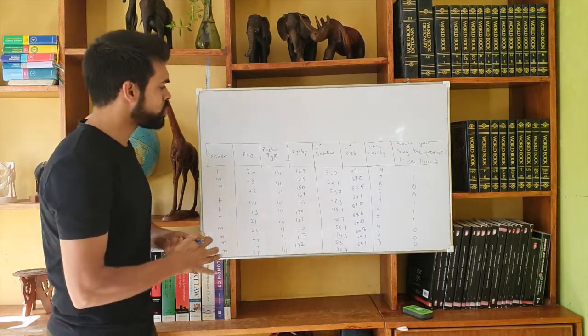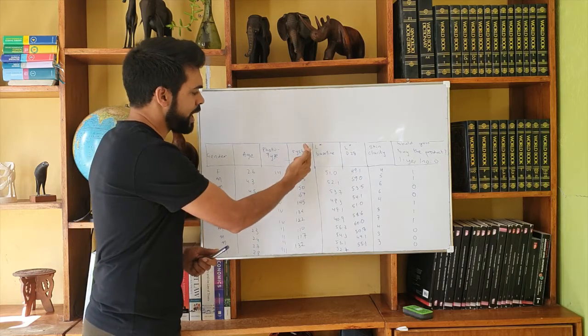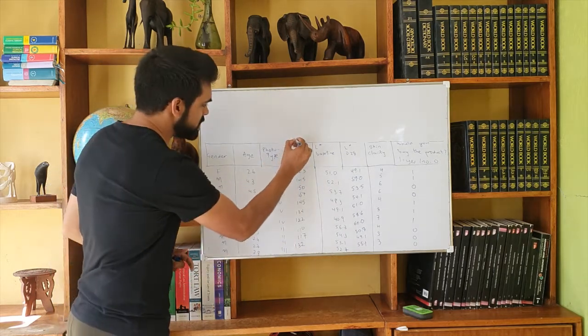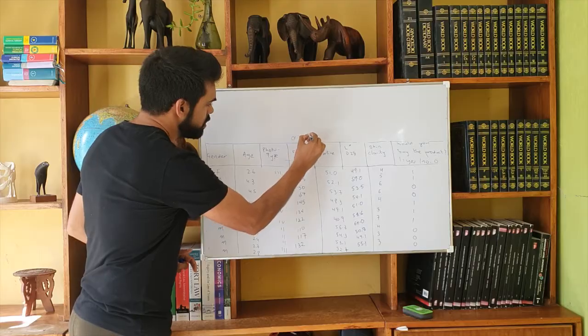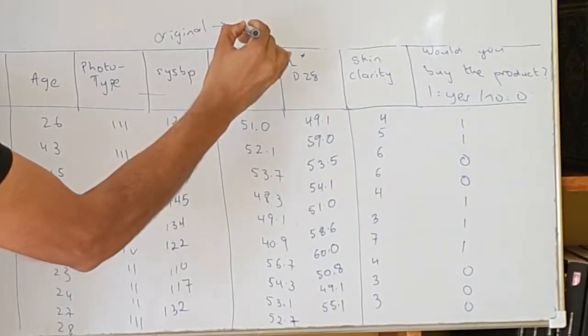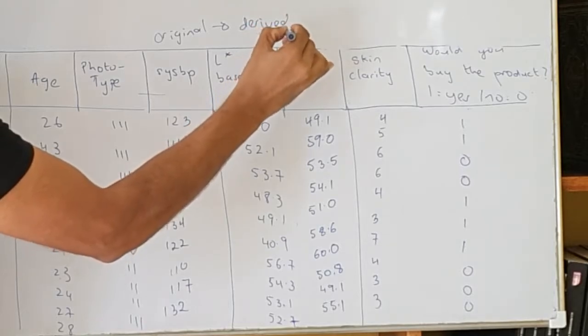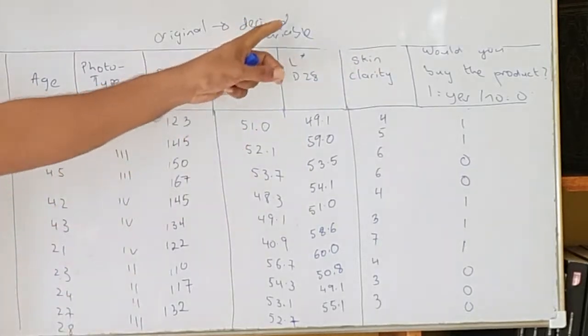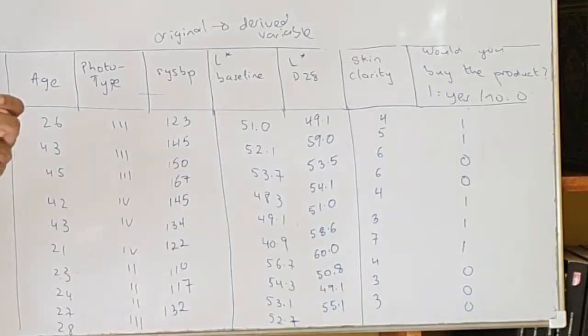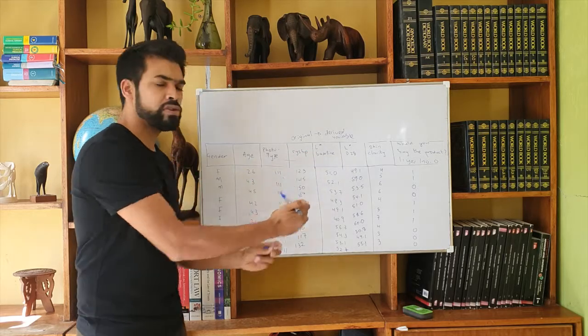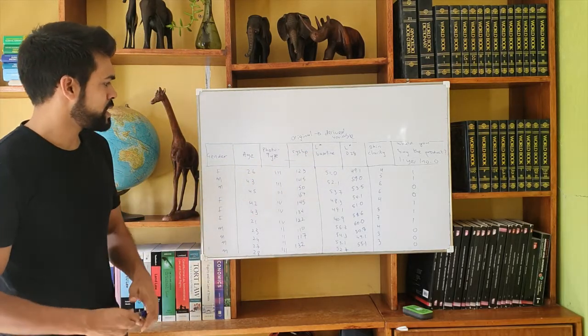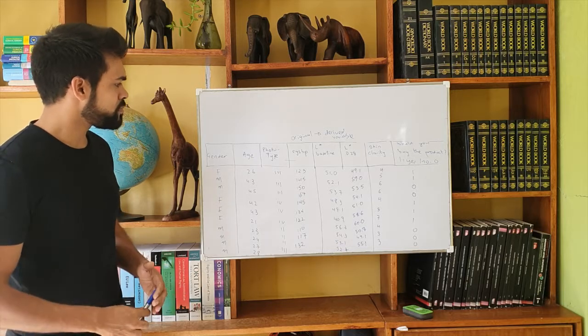So this is what we would call an original variable, and from that you can create a derived variable. A derived variable is simply one which is drawn from original values observed in an experiment.